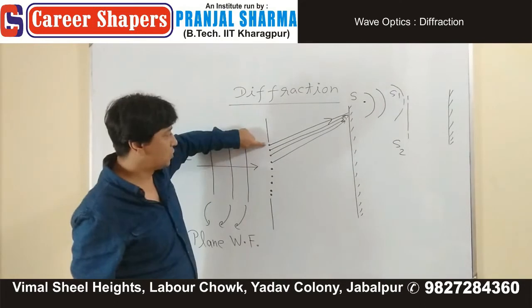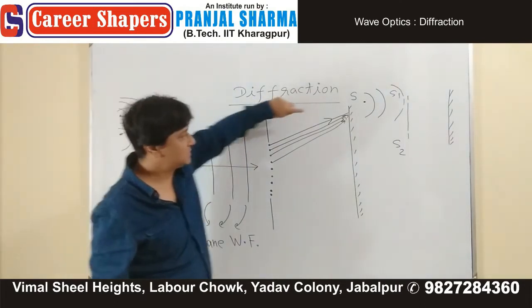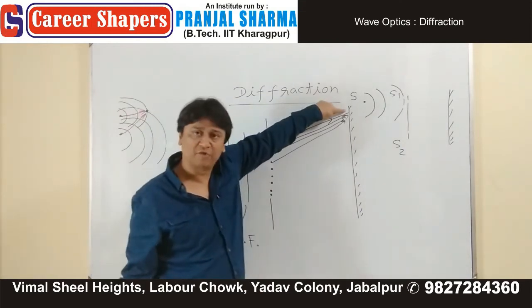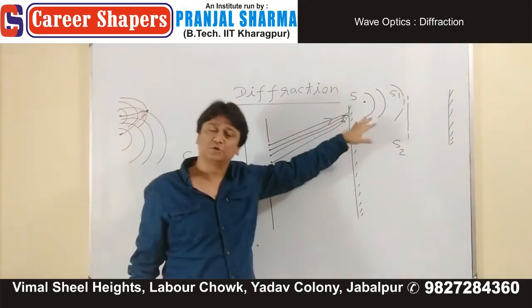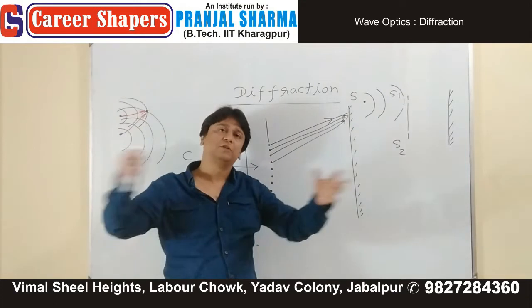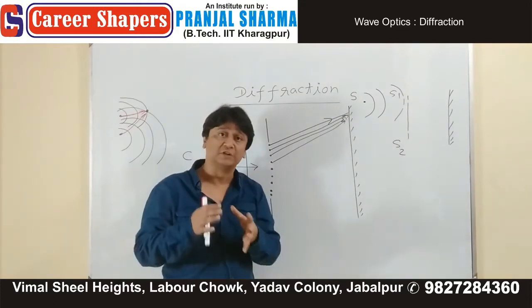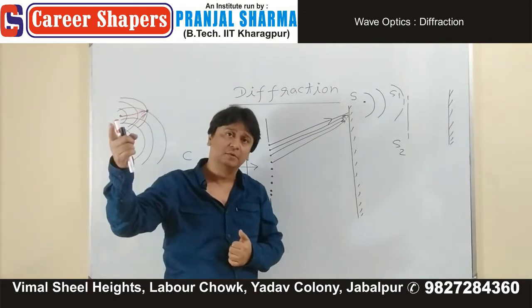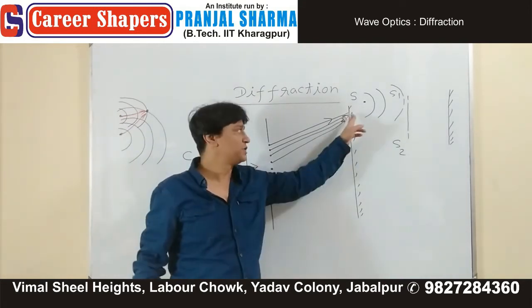So this secondary source S1 sends some electric field. The next one also sends some electric field. The third one also sends some electric field. When you superimpose all these electric fields, depending on the final vector sum, if it is maximum, you're going to see a bright spot.